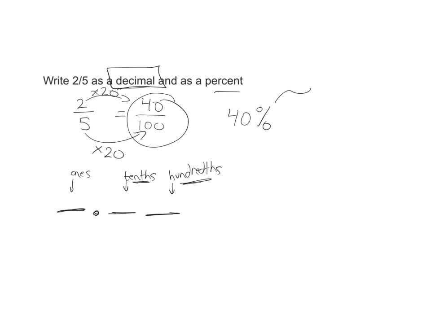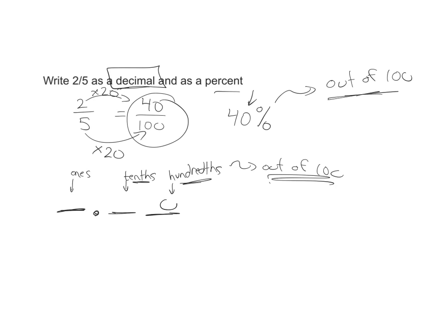Well, percent just means out of 100. You can see hundredths place and percent basically mean the same thing. So 40% means 40 out of 100. So this is a decimal. I would just put 40 and I'd make sure the final digit, in this case a 0, ends on the hundredth spot.